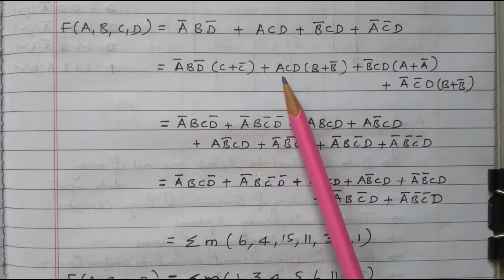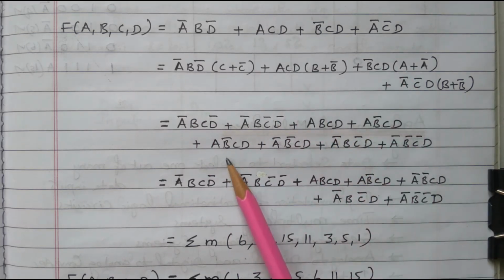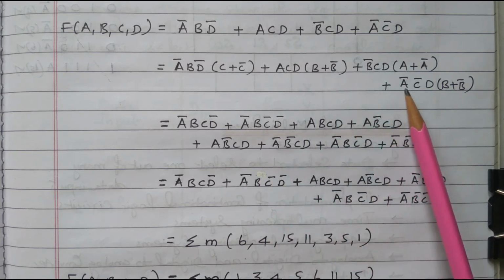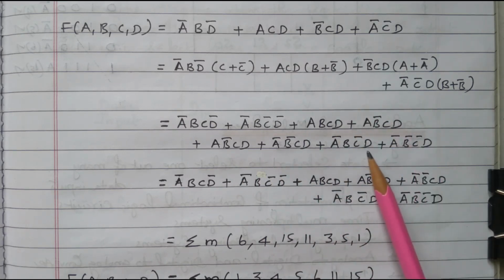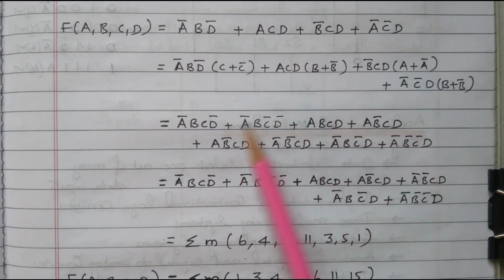Similarly here a b c d, a b bar c d, a bar b bar c d, a b c bar d, a b bar c bar d, right? So all terms are multiplied inside, right?